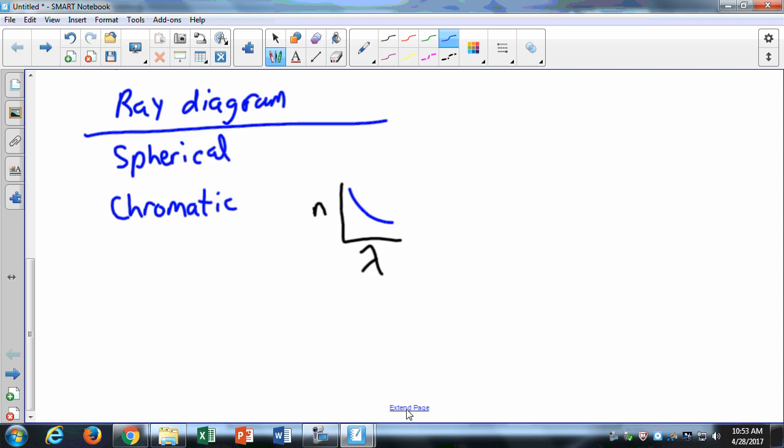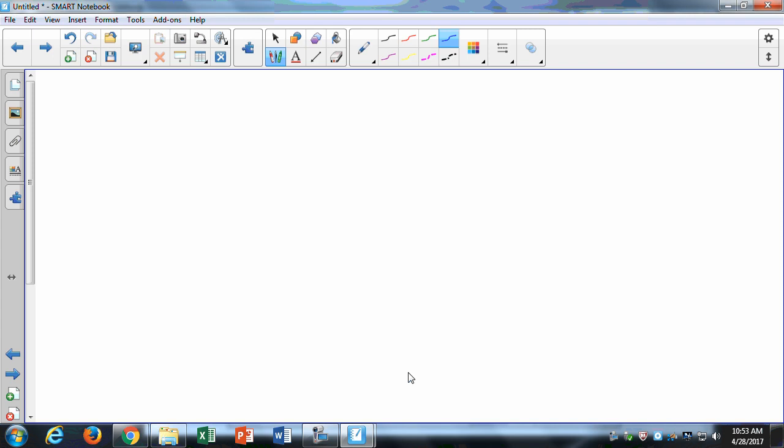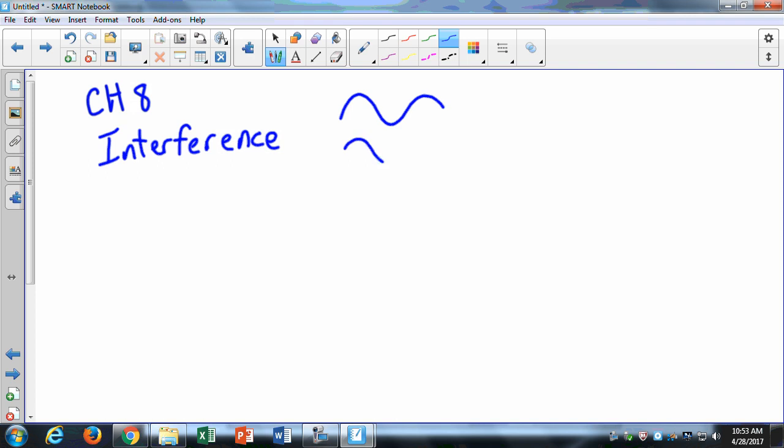Then chapter 8. We have interference. You need to be able to identify constructive and destructive interference. Remember, constructive looks like this, where when I add them up, it gives me double the amplitude, or the sum of the amplitudes.